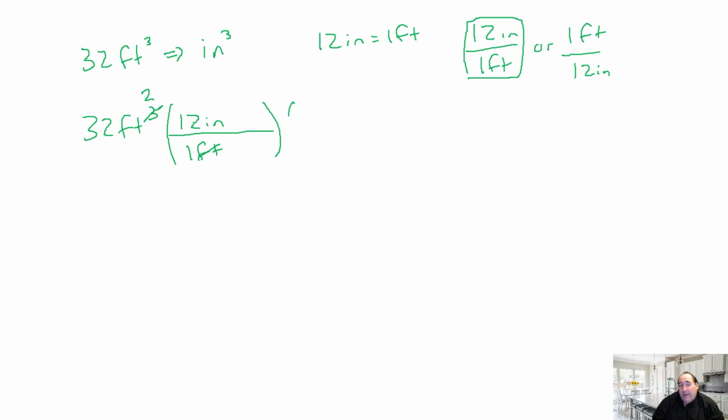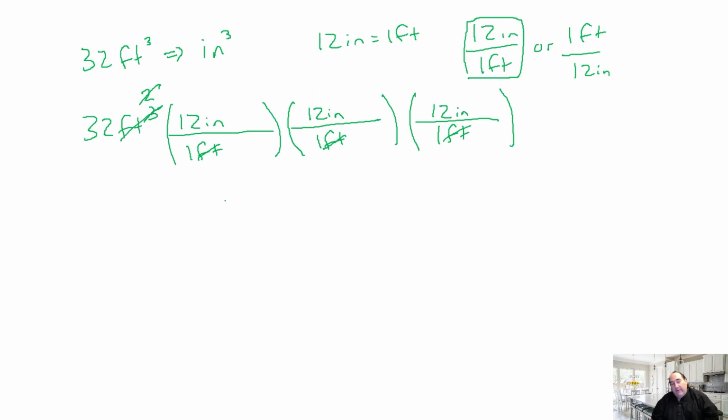So that's not going to work well. I actually would need to do it twice here. 12 inches is 1 foot. That foot would get rid of the second foot, which means I really need to do it not once, not twice in this case, but I actually have to do this conversion 3 times. And now finally, we will get rid of all of it.